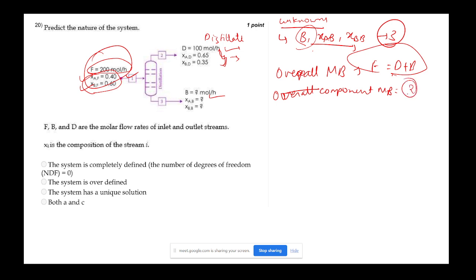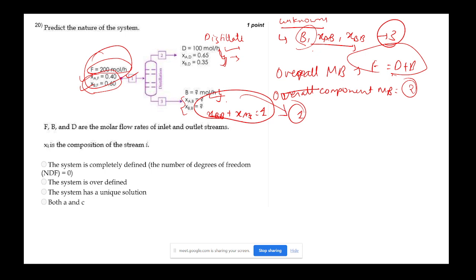So this is equation number 2. Third, once you know X_A or X_B in the bottom, then X_BB plus X_AB equals 1. If you know any of them, you will get the other one. So this is the third equation.